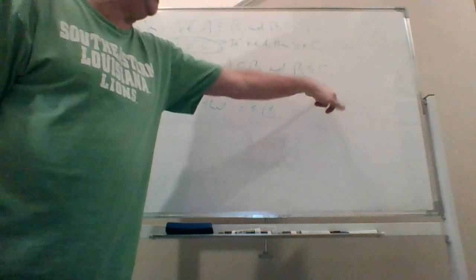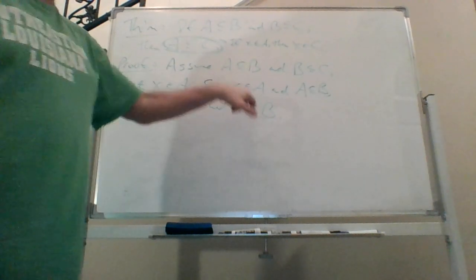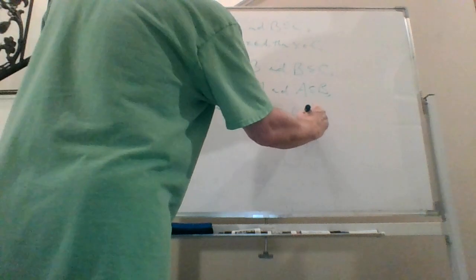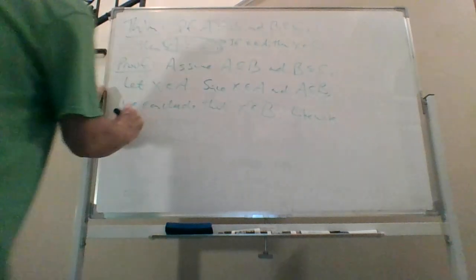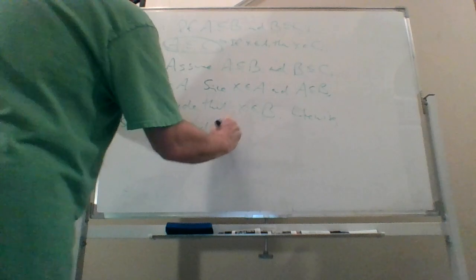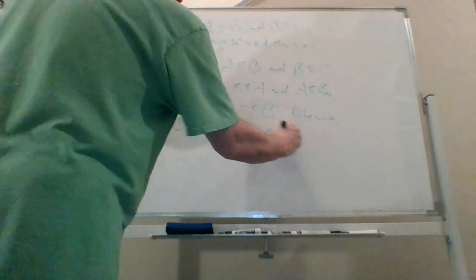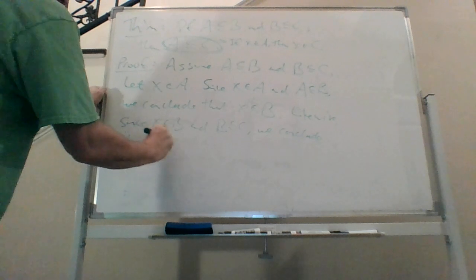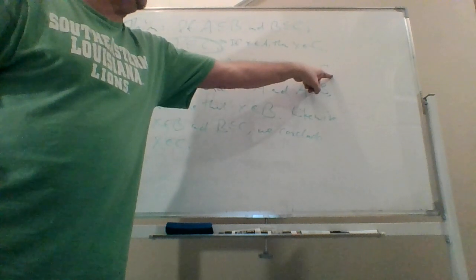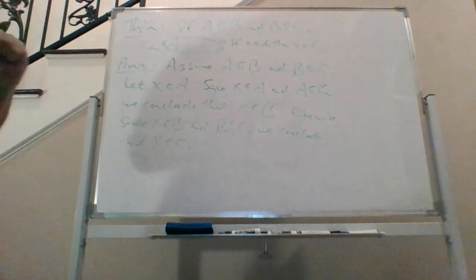If X is in A, then X is in B. We have X is in A, that means X is in B. And now we have X is in B, and if we use the same argument, so likewise, this is telling the reader I'm doing the same thing, same idea. Since X is in B, and B is a subset of C, we conclude that X is in C. Okay? We know X is in B, B is a subset of C. By definition of subset, X is also in C.